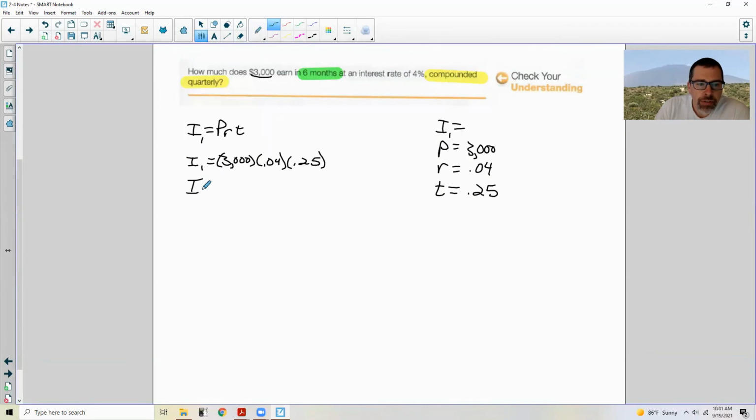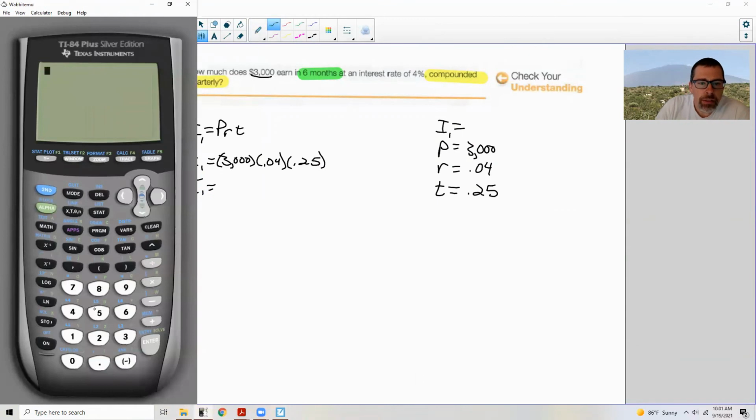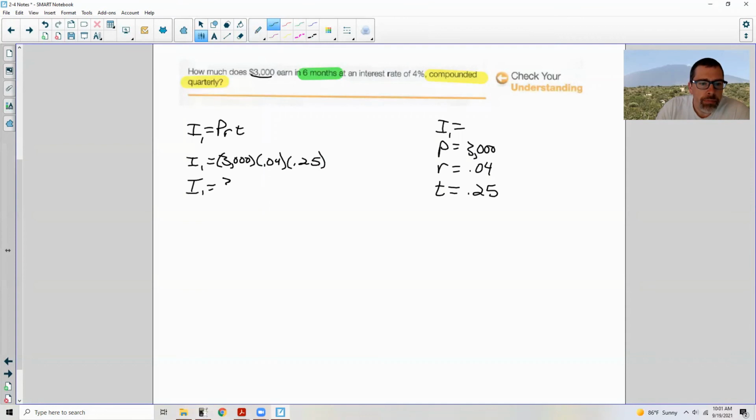So the interest after the first quarter, let's get the calculator and clear: 3,000 times 0.04 times 0.25 equals $30. Okay, so this is not the answer to the question. We made $30 in the first 3 months.